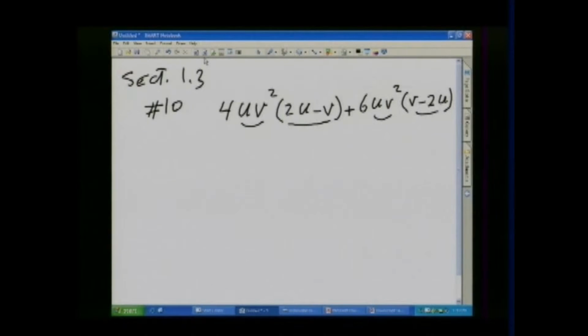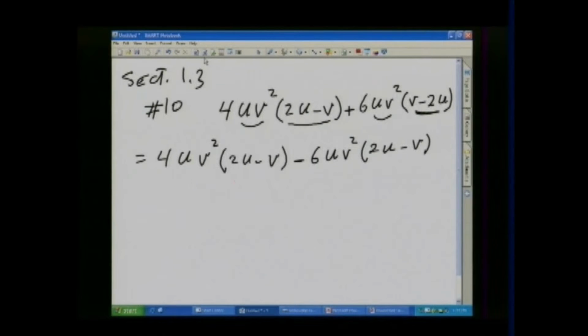If we factor out a negative from this side, then we have 4uv squared times (2u minus v). Now if I factor out the negative here, so negative 6uv squared, then I switch the signs, and it would be 2u minus v.